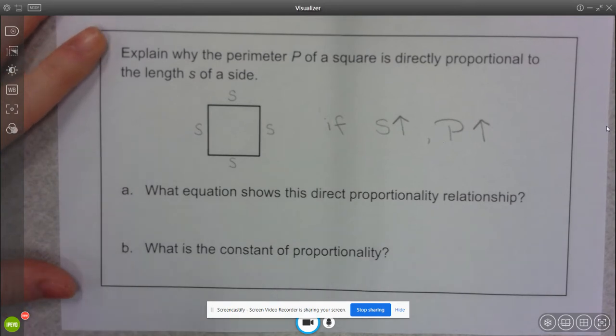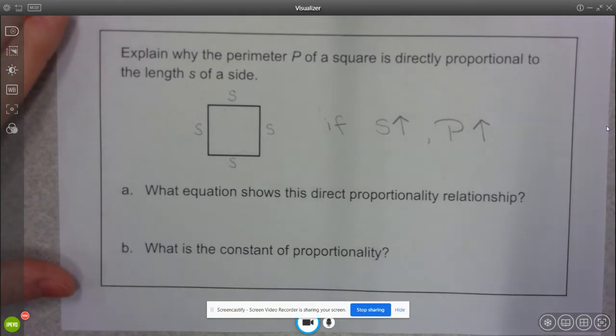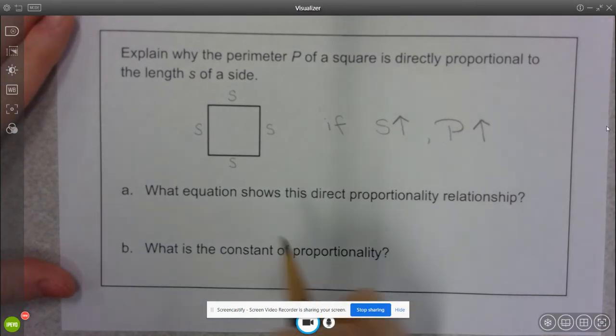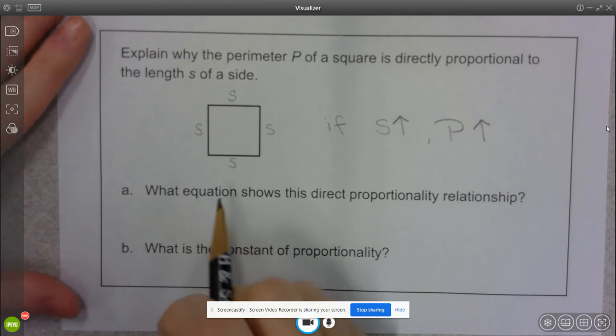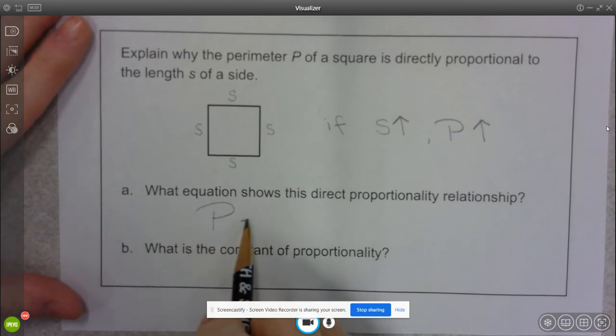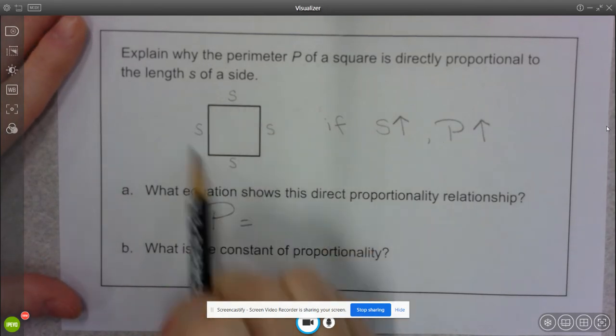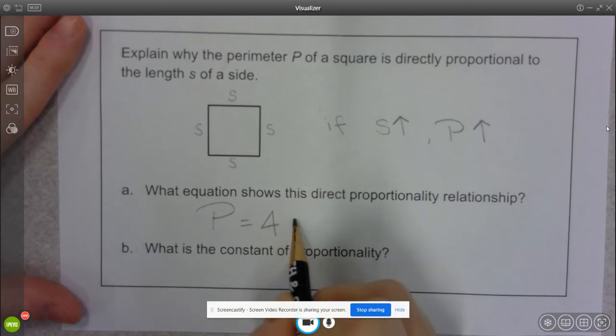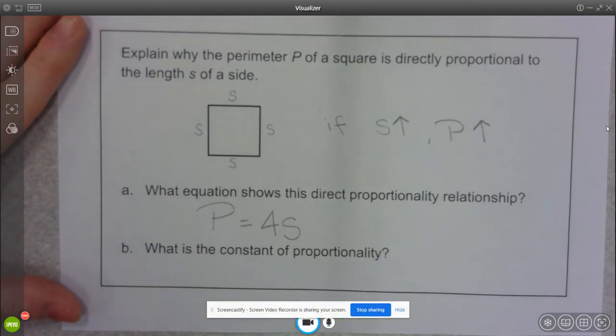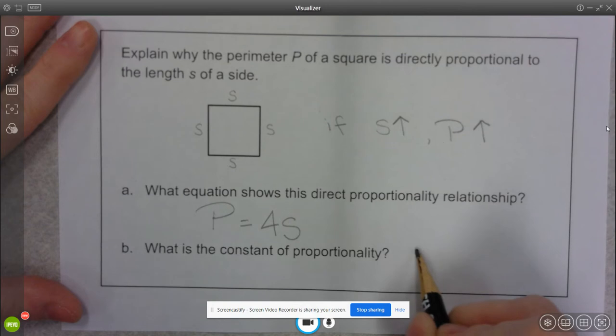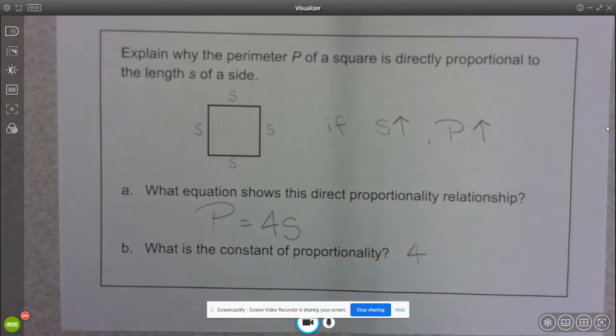So this is direct variation. Side length goes up, perimeter goes up. So the equation that we would use is our perimeter is equal to, well, I have four sides, so it would be 4s. So our constant of proportionality here is going to be 4.